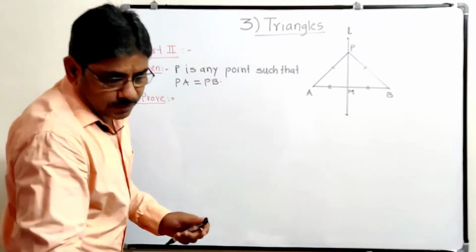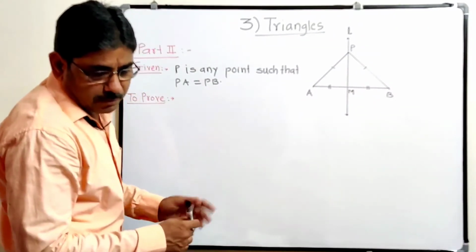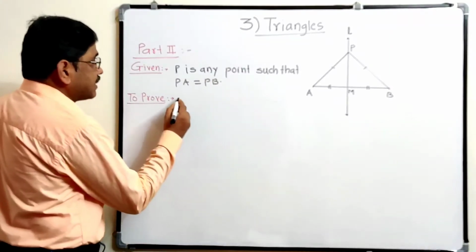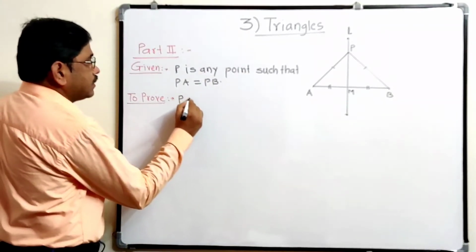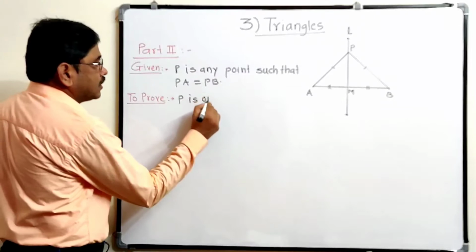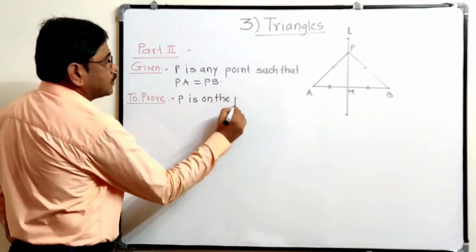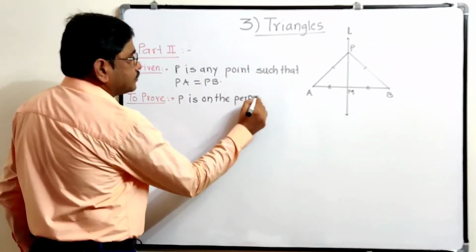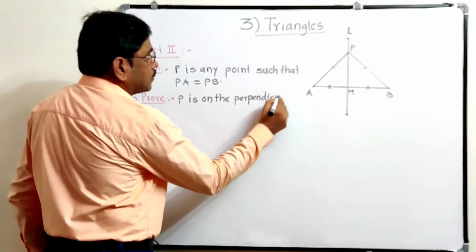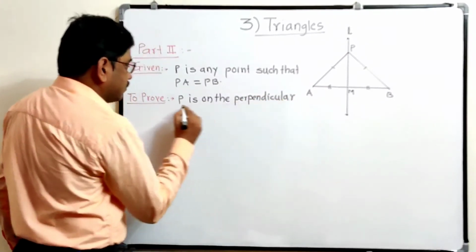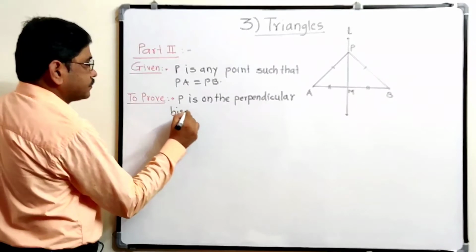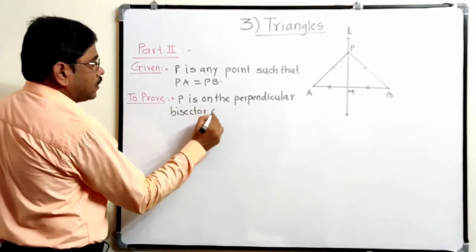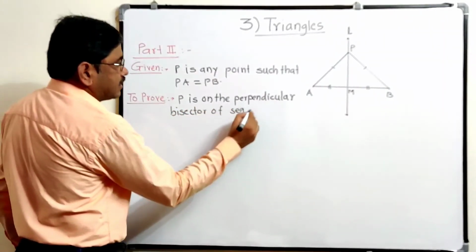We have to prove this point P is on the perpendicular bisector of line segment AB. P is on the perpendicular bisector of segment AB.